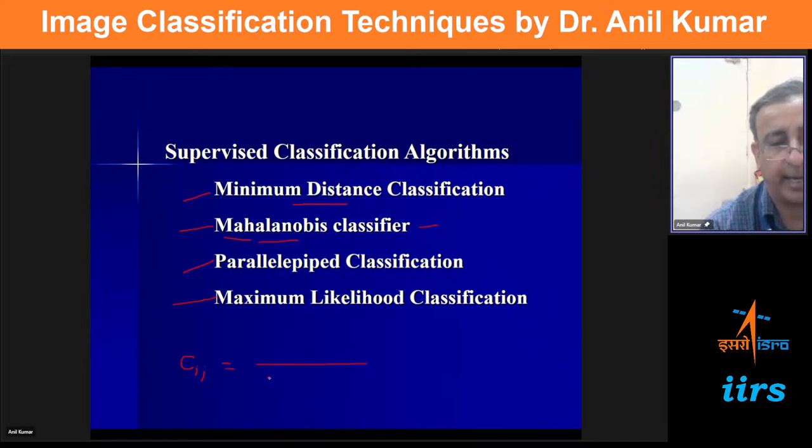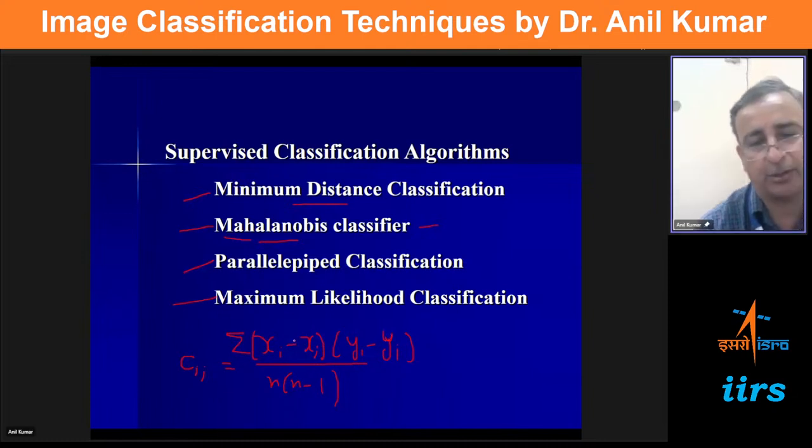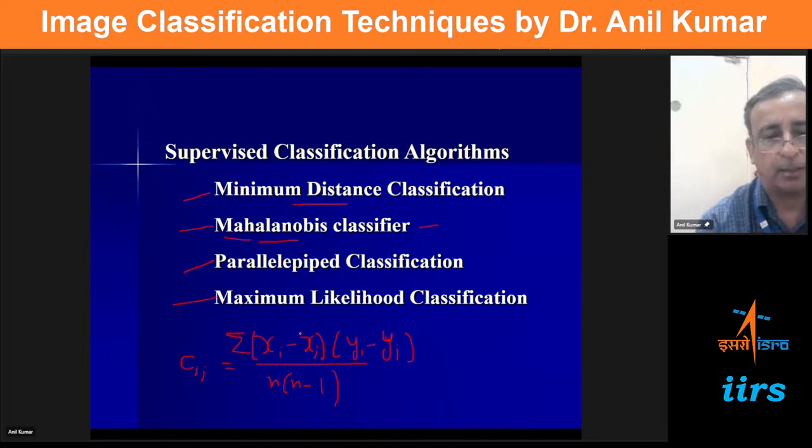It is 1 over n into n minus 1, the summation of xi minus xj and yi minus yj. So these are your mean.